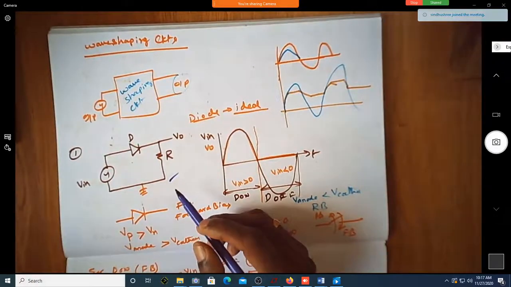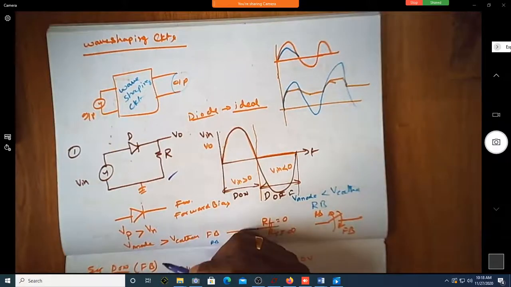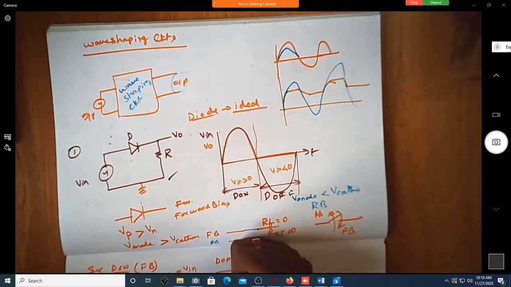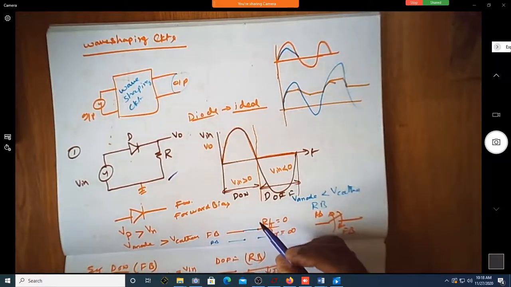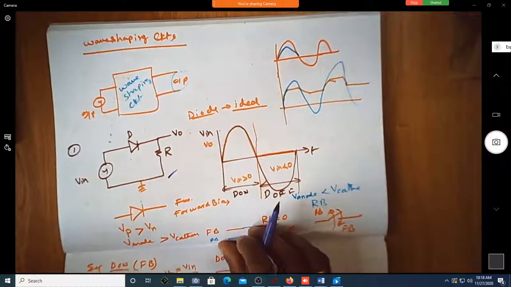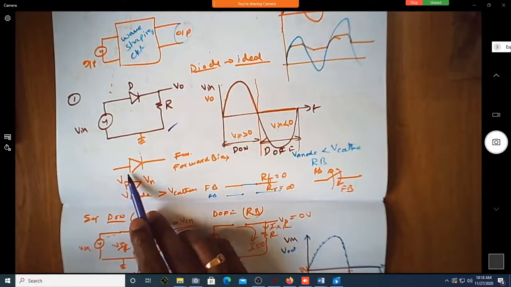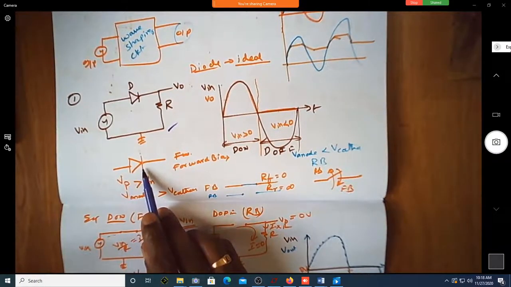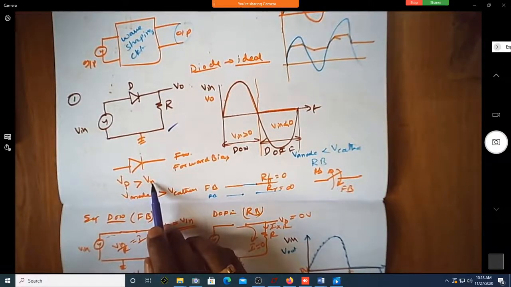Of course we know that a diode can be ideally thought of like a switch, so it can be closed or open depending on whether it is forward biased or reverse biased. A diode will be forward biased if the voltage at the anode is greater than the voltage at the cathode, that is, the voltage at the p type should be more than at the n type.